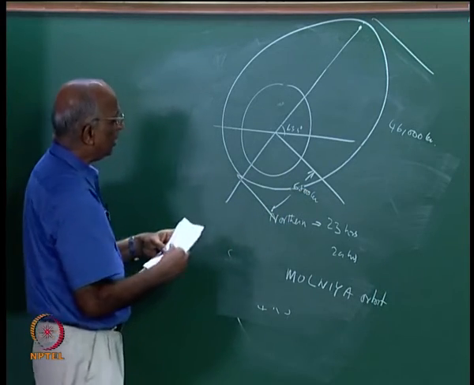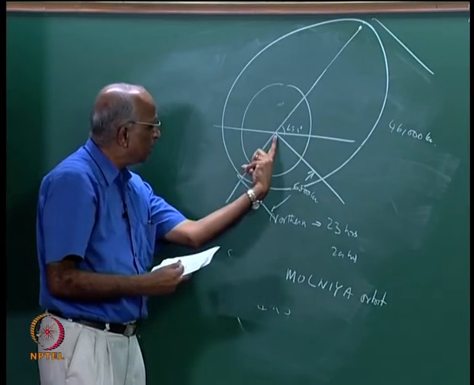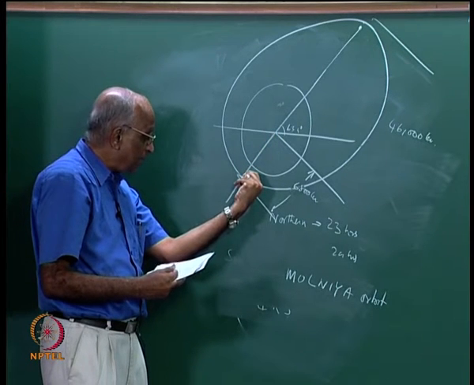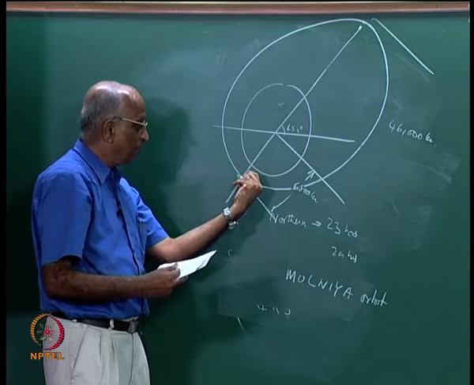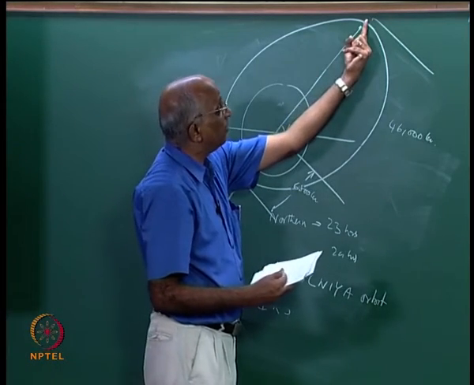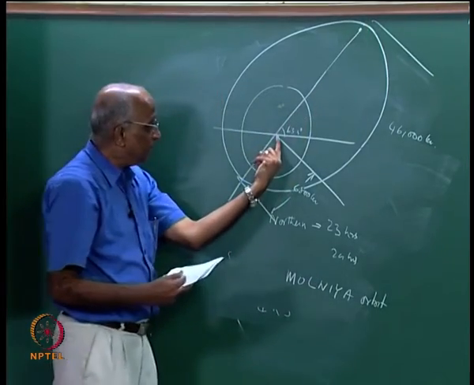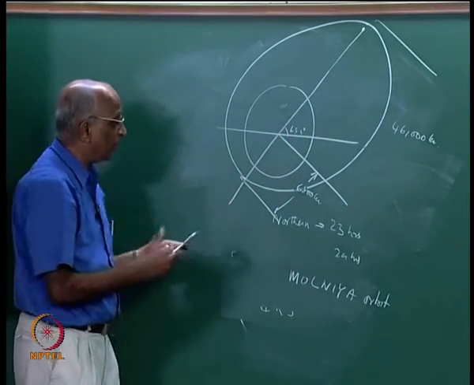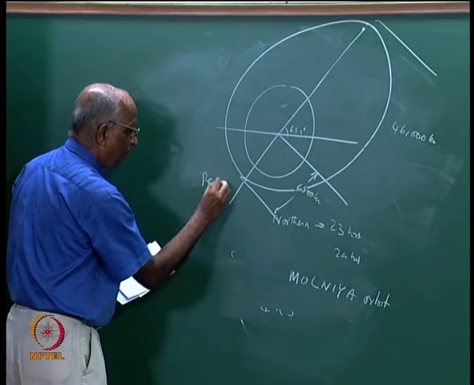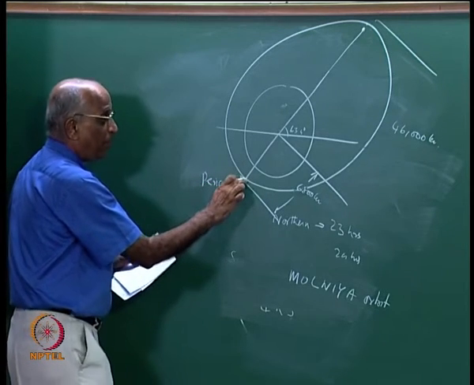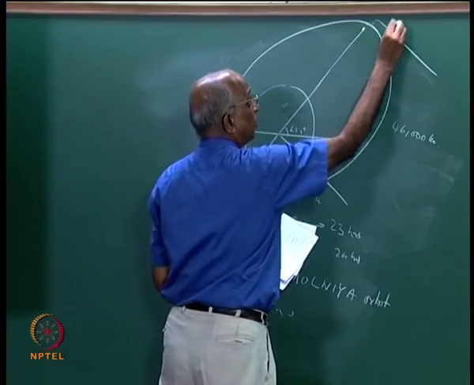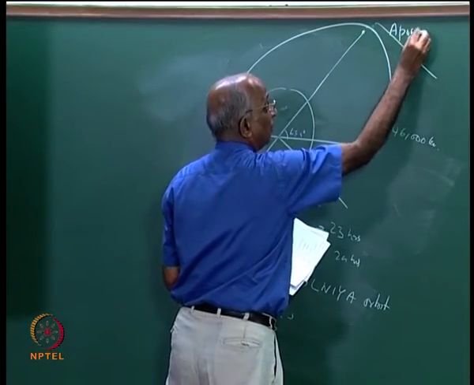That means you see the distance between the center of the earth and the furthest point from the earth, which is over here. The distance between the center and the nearest point is what we call the perigee. This point is nearest to the earth, and this point is away from the earth, which we call the apogee.